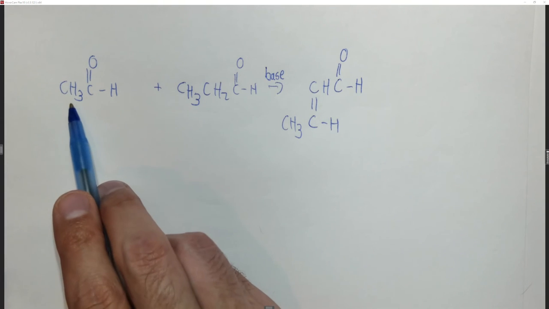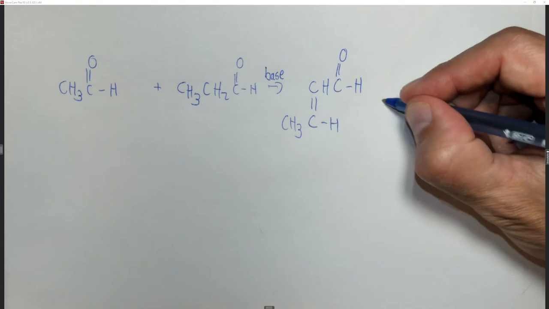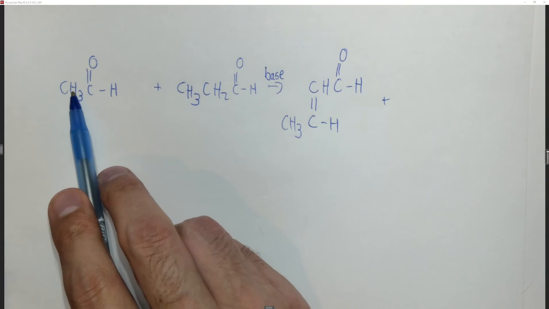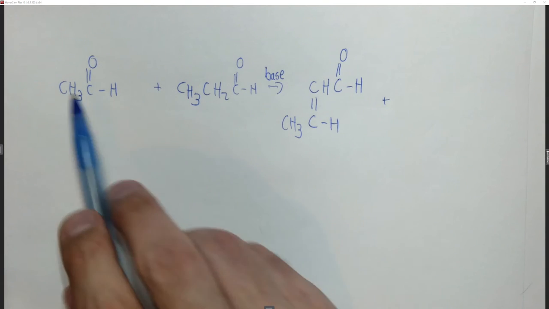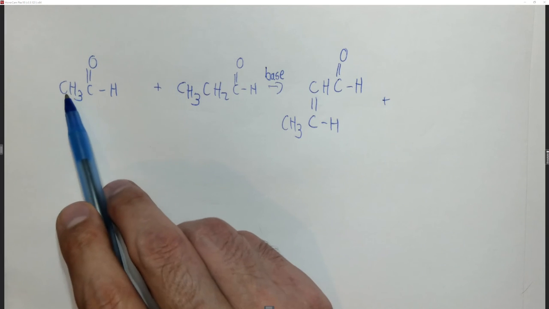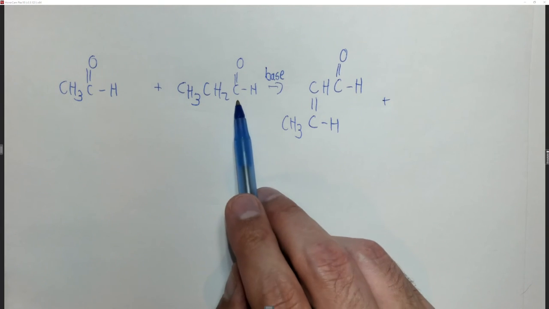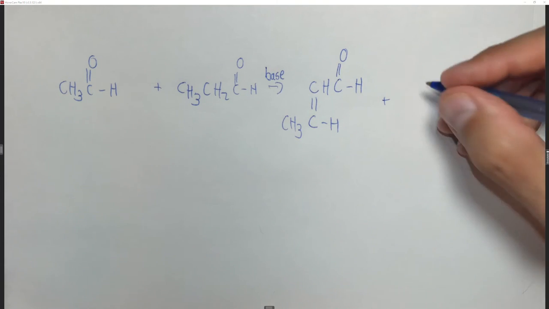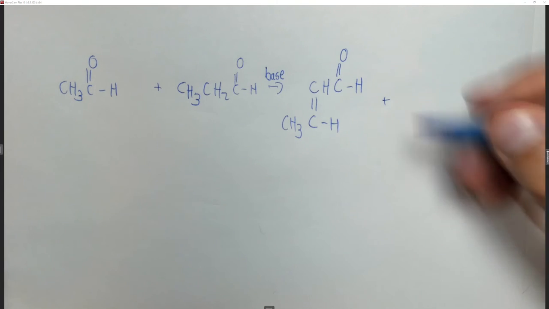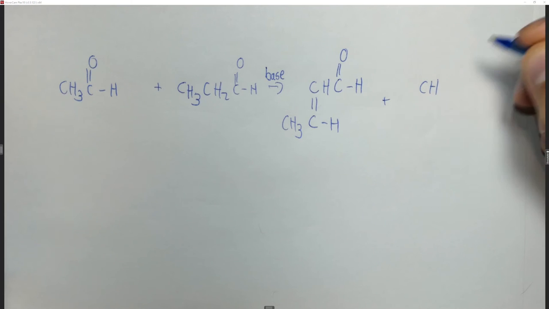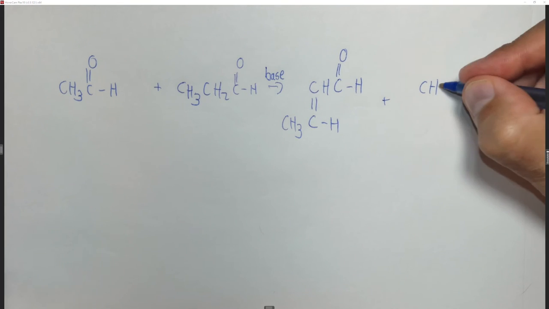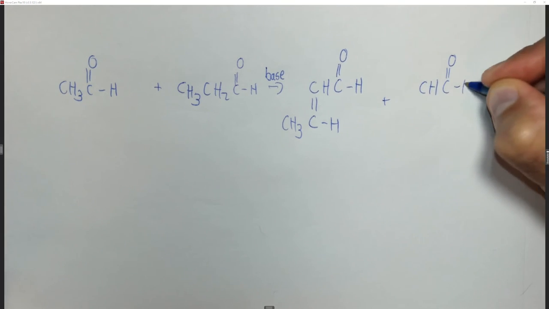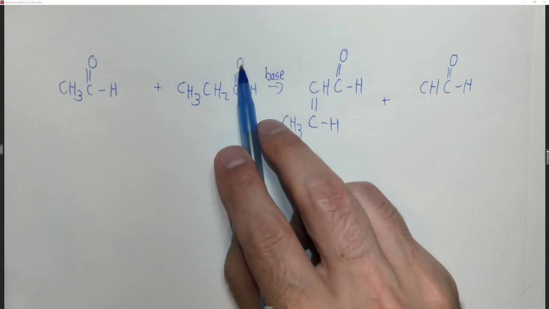Well, let's again look at this molecule. And let's say that it loses its alpha proton and then it attacks this one, the opposite molecule, followed by a subsequent dehydration. So again, we want to draw this with 2 less hydrogens. So CH instead of CH3, C double bond O, bond H. But this time it attacks this one.